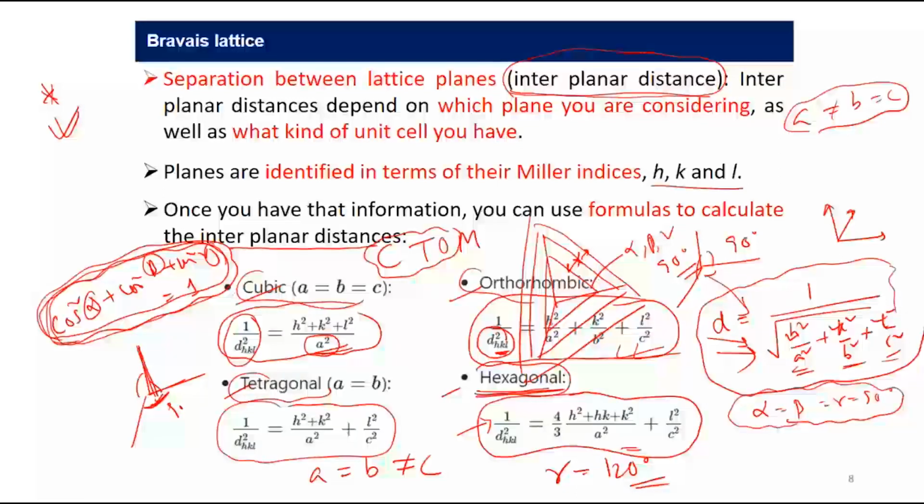They will just give you Miller indices or maybe the lattice vectors, and ask you to find the interplanar distance. People are often tempted to use the earlier formula always. This is not a universal formula. For hexagonal, it is not valid. We have a different formula. Please note down this formula. You'll have to do a question on this.